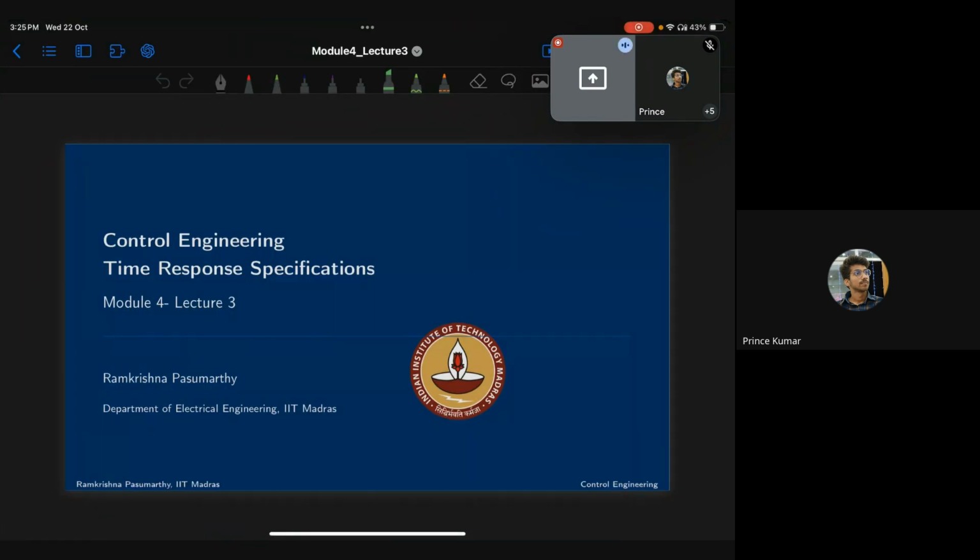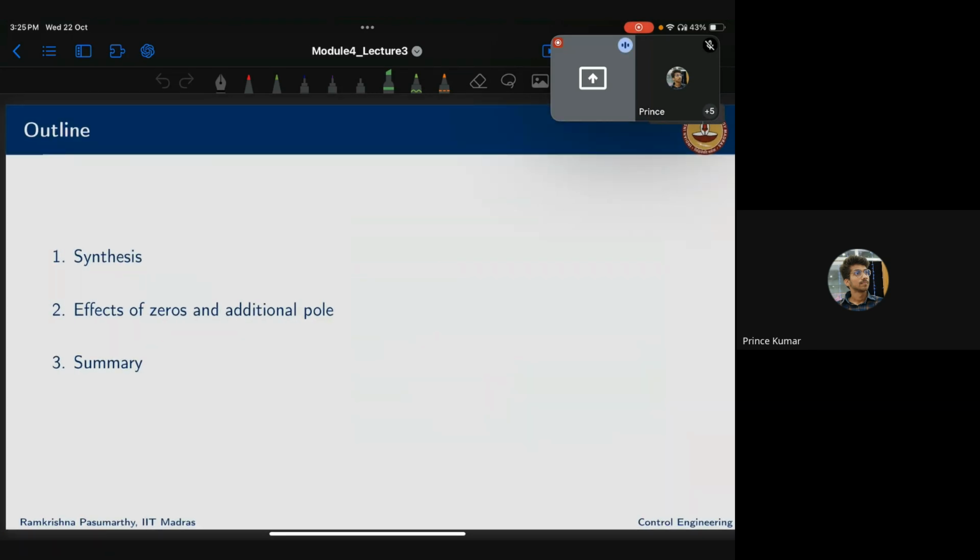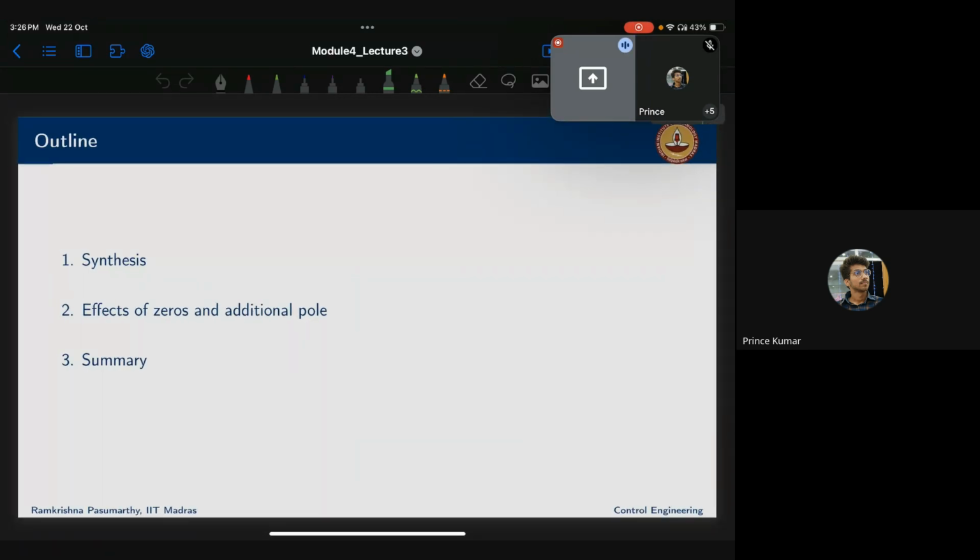Okay, next. The major issue here is that as of now, we have seen the time response of the first order as well as the second order systems. So how is this time response going to help us in the synthesis of the control system, that means in the design of control systems?